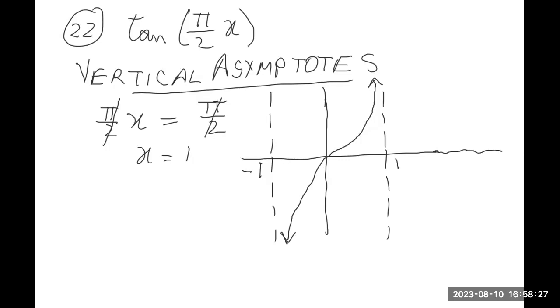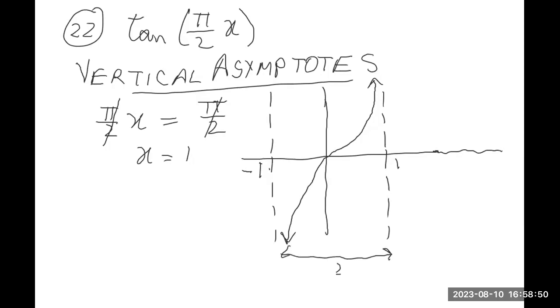To figure out where the next vertical asymptote would be, one thing you can do is look at the distance between these 2 asymptotes. There's one at -1, 1 unit to the left, and then 1 unit to the right. So the distance between them is 2.